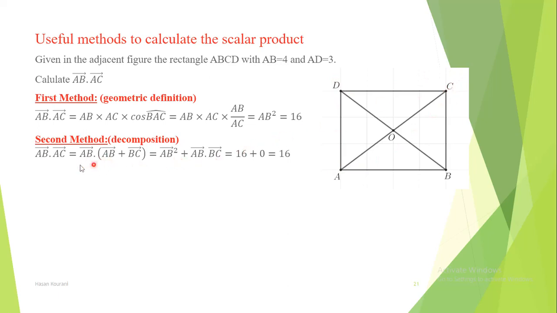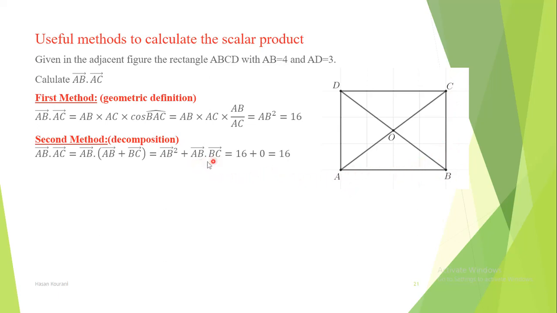Now, by the distributive property that we took before, AB.AB will be AB square plus AB dot BC. Now look at AB and BC from the figure. As you see, the geometric angle between them is 90, thus they are orthogonal.